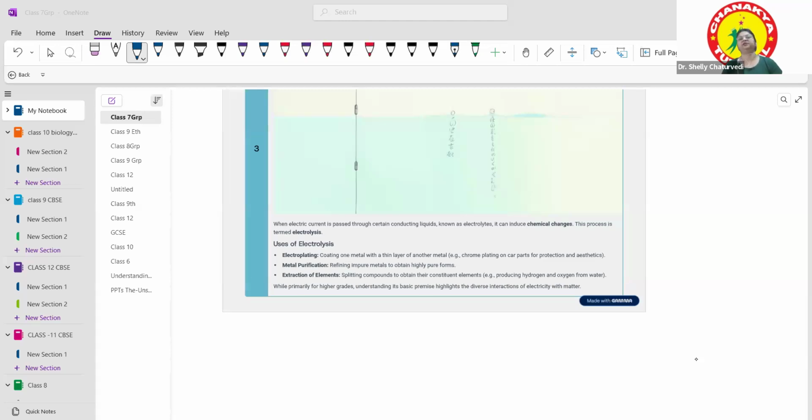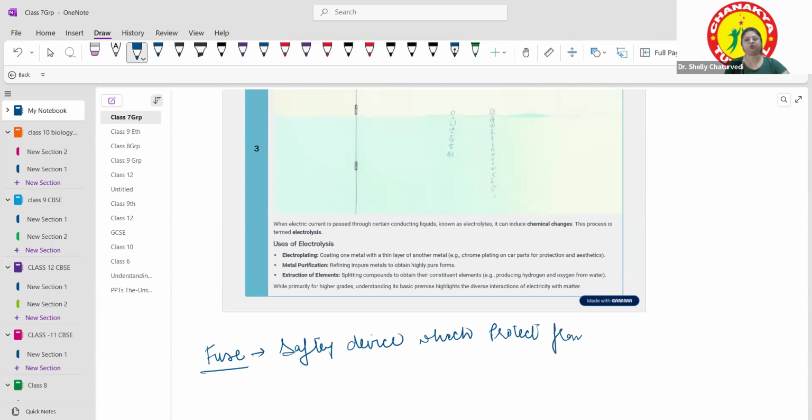Okay. Next, there is one more device that we are using in our houses, that is the fuse. So what is a fuse? A fuse is a safety device, and this fuse protects our electric circuit from excess current.